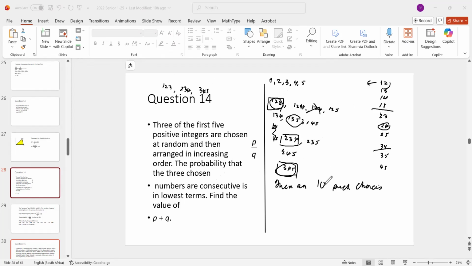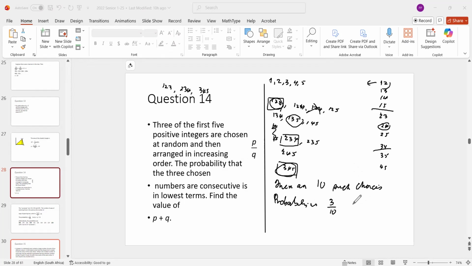So there are only 3 consecutive numbers. The probability that the 3 chosen numbers are consecutive, you can see, is 3 out of 10, because there are 10 possible ways, and only 3 of them satisfy the condition of being consecutive.